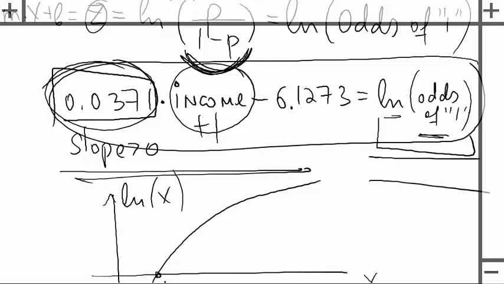If the slope is positive, that means the variable goes up, odds are increasing, and the probability of 1 is also increasing. If the slope is negative, odds are decreasing with the increase of the variable, and the probability goes down.